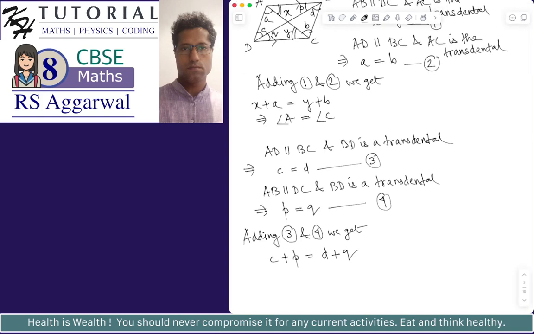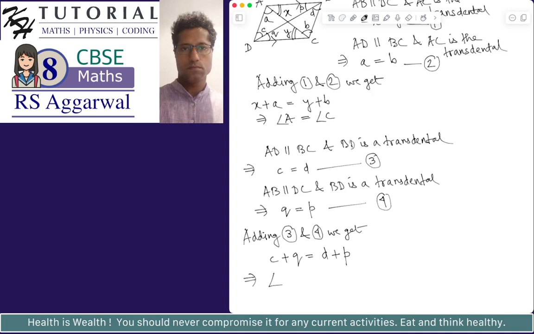Okay, let's not use P equals Q. We can do it Q equals P. Then we will have C plus Q equal to D plus P. Now what is angle C plus Q?